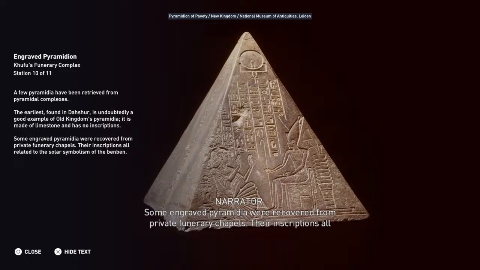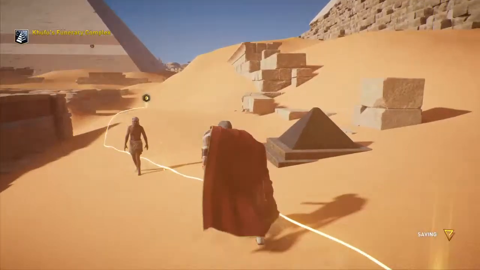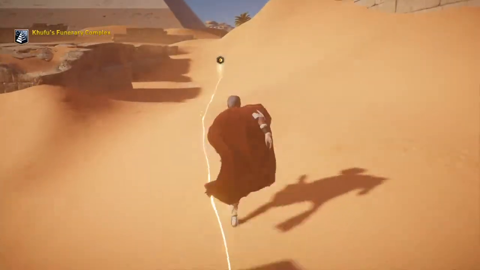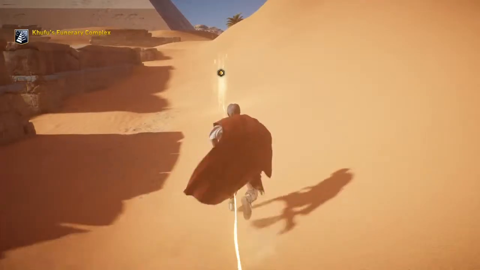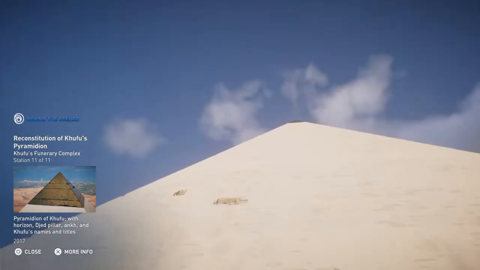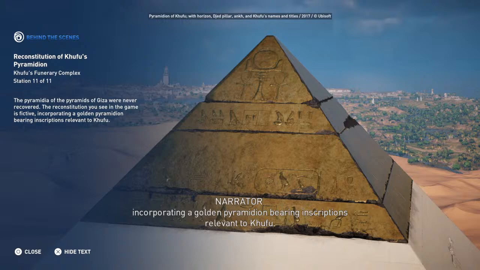Their inscriptions all related to the solar symbolism of the ben-ben. The pyramidia of the pyramids of Giza were never recovered. The reconstitution you see in the game is fictive, incorporating a golden pyramidion bearing inscriptions relevant to Khufu.